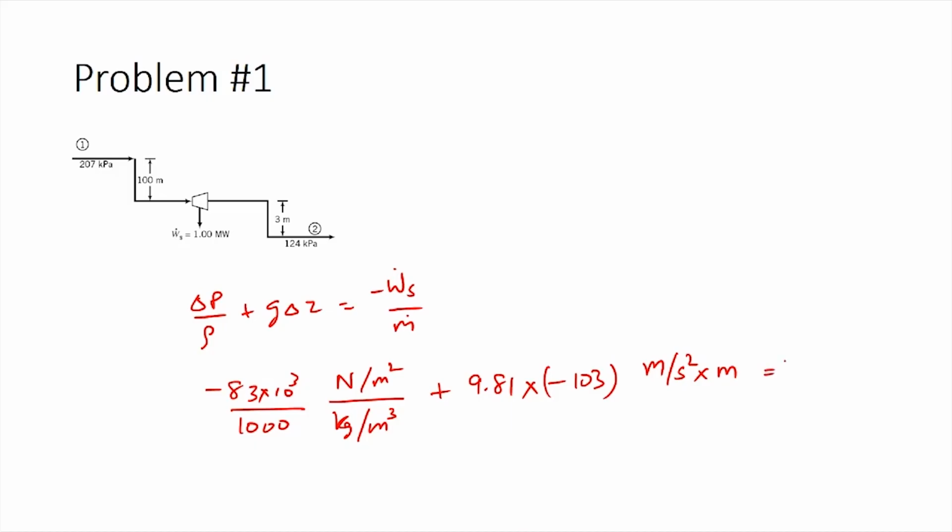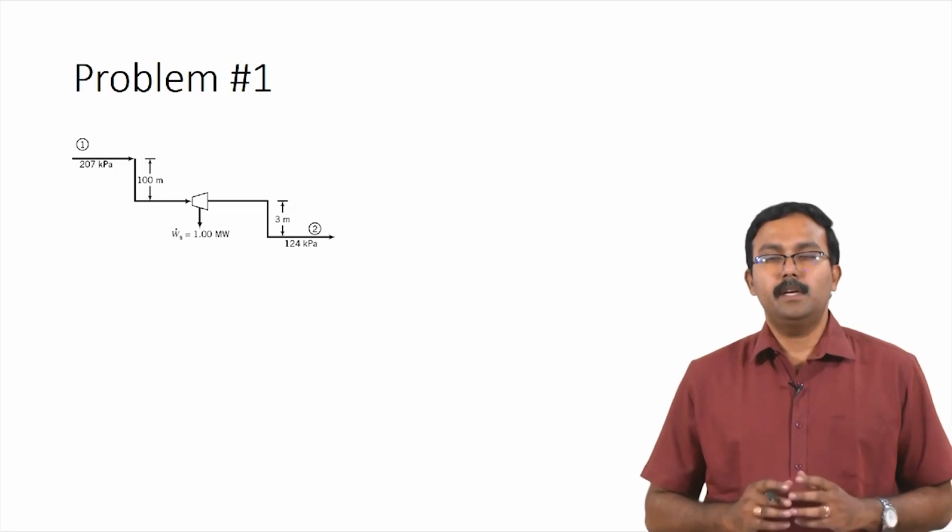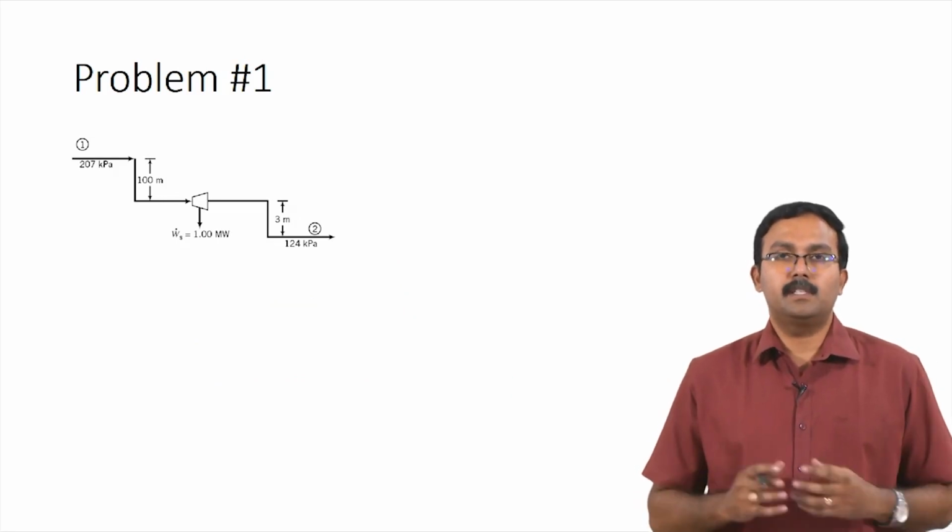The term on the right hand side is minus Ws dot divided by m dot. Our minus Ws dot has been given as 1 times 10 power 6 Newton meters per second divided by m dot, which would be in terms of kilograms per second. In this equation you can verify if the units are correct.